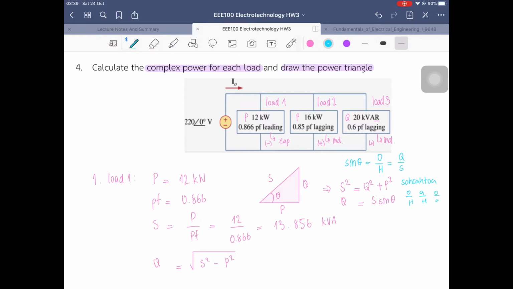It's SOH, O over H, opposite over hypotenuse. That is the easiest thing to remember about trigonometry in the right triangle.